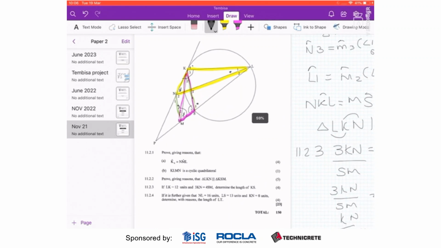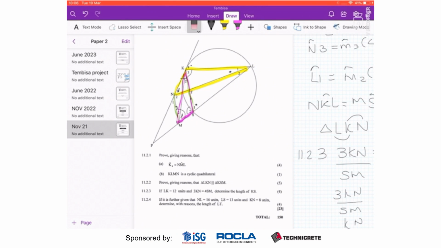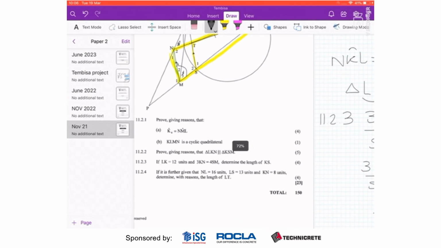Okay, so LT was not in our triangle, so we need to go and see where LT is here. Here's my parallel lines, here's my parallel lines, here's LT. Okay, and what I can see here now is they've created a midpoint theorem triangle situation. So that means we need to prove LT. Okay, so we need to use the ratios in that triangle.